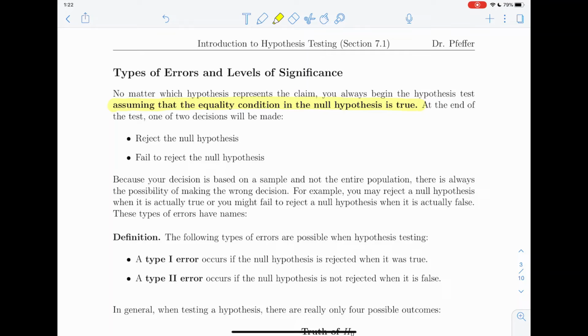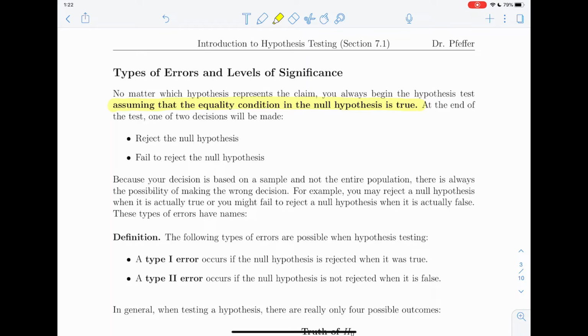We mentioned this before, but in order to either support or reject a given claim, we assume that the claim is true, and then we run some sample statistics basically saying, if the statement is true, do things break? If the answer is yes, then the statement couldn't have been true. If the answer is no, then you say, okay, well, then the statement might be true. So we're going to start with assuming that the equality condition in the null hypothesis is true.